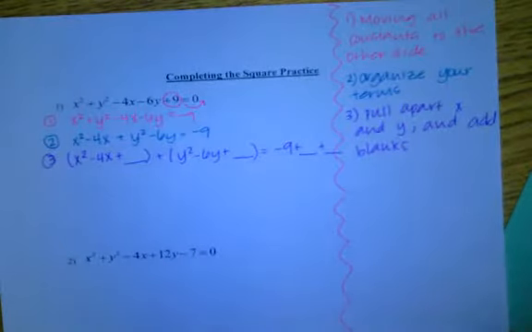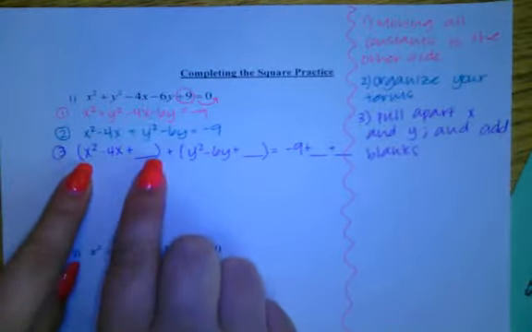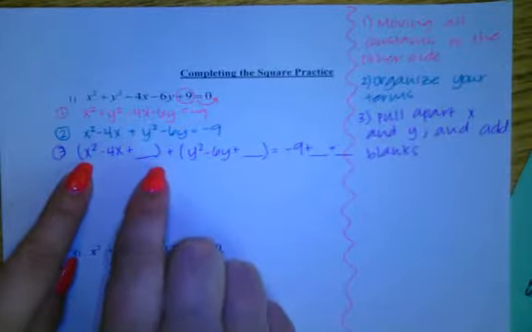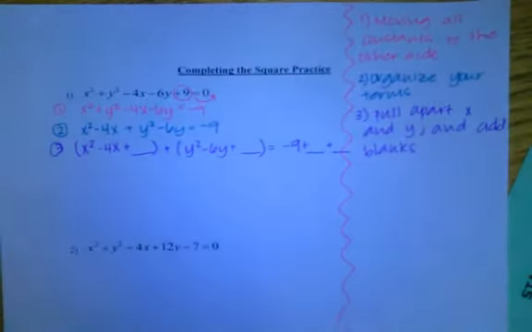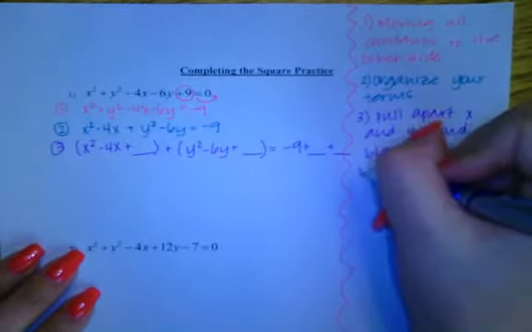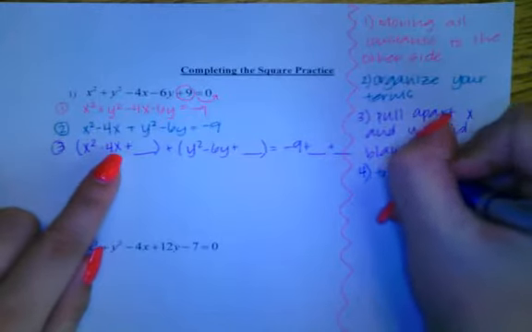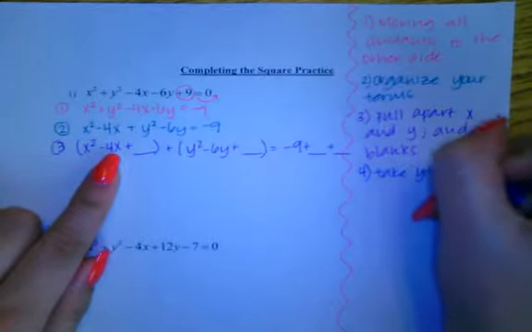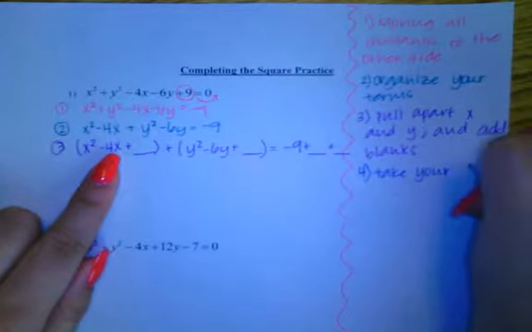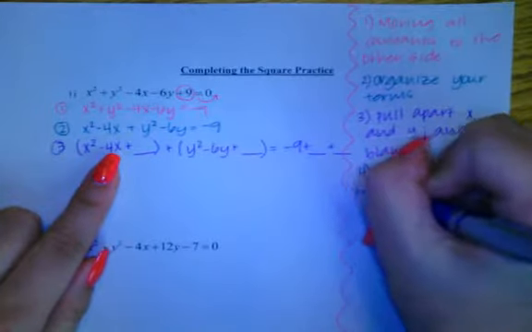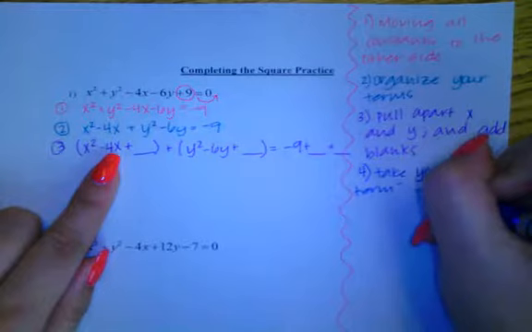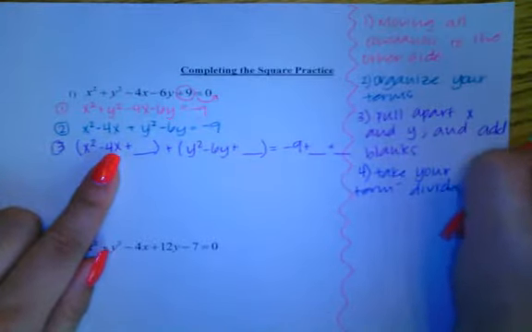Why are you adding? Because we have to complete the square. Right now you only have two terms. In order to factor this like a quadratic, you have to have this c term. So in order to complete the square, you're taking your middle term, or your x term, divide by 2, then square it.